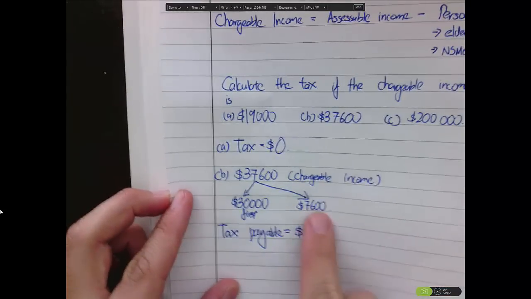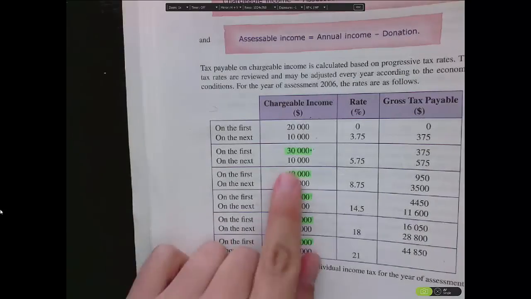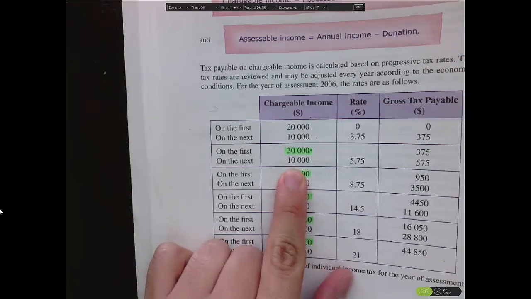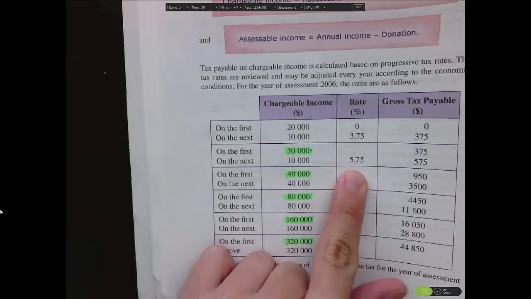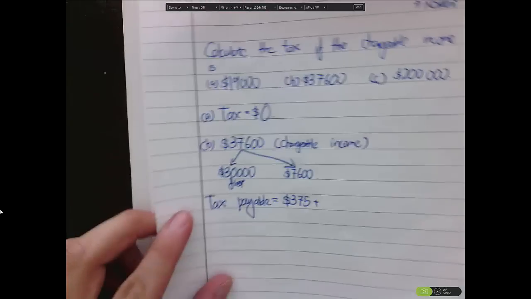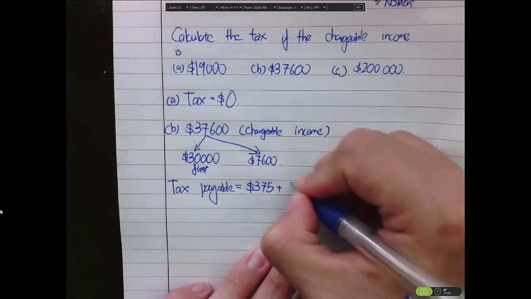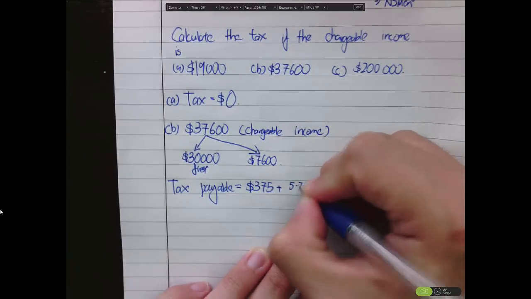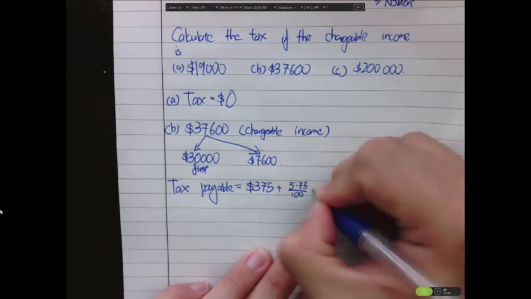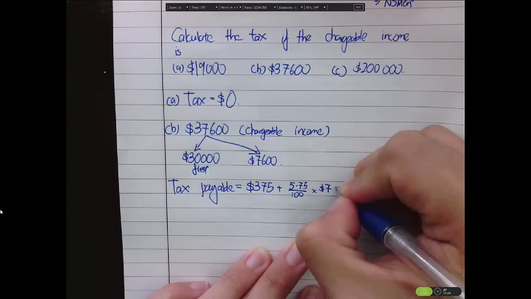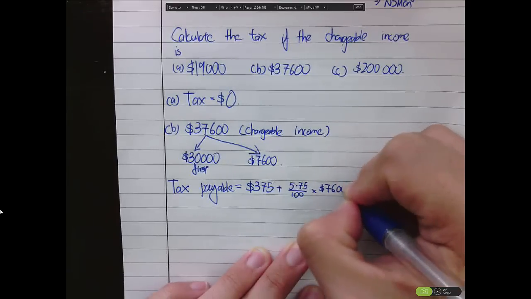Now, $7,600 will come under the next $10,000, so he'll pay a tax rate of 5.75%. So what I'll do now is take 5.75 over 100 times the $7,600.